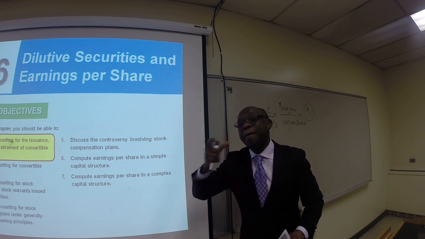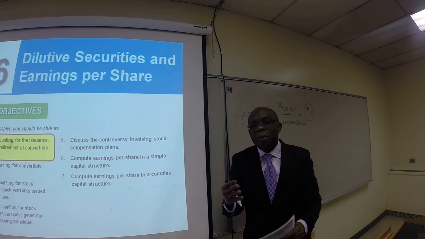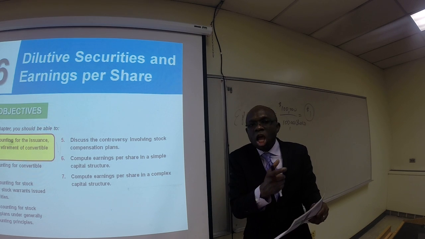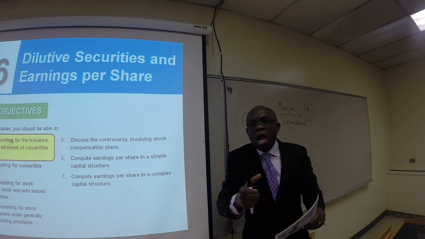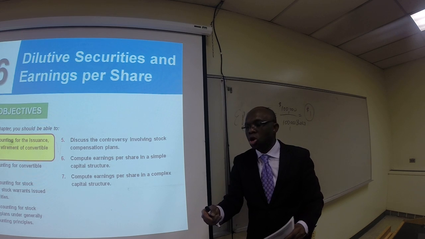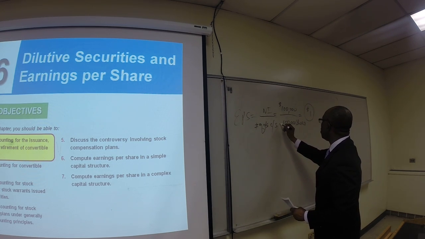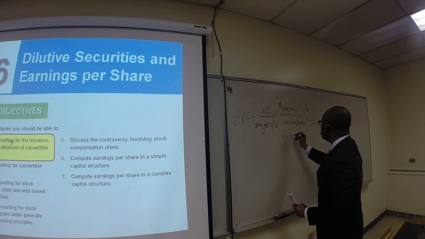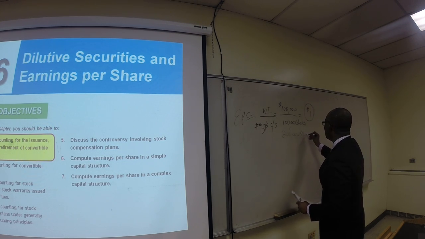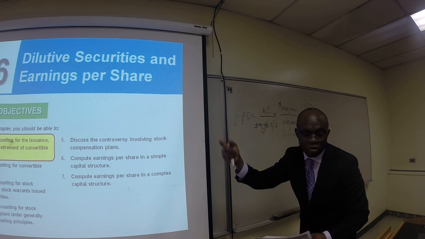I said that can be converted. It's not converted. So our assumption here is if the convertible bonds are converted to common stock, then the denominator, instead of 100,000, would be 200,000 shares. That is if converted.